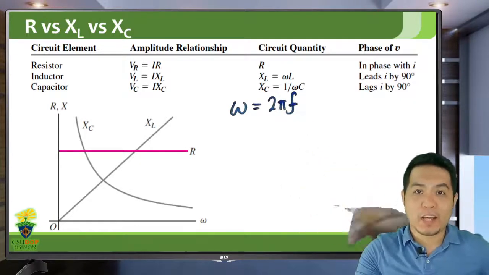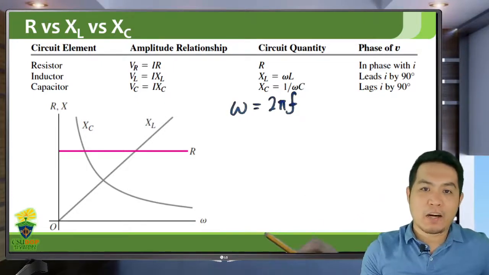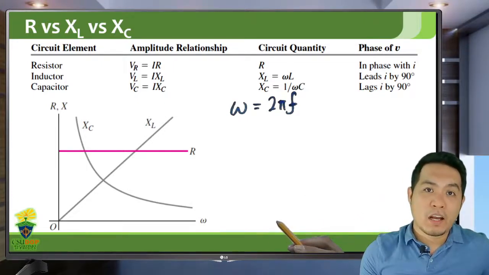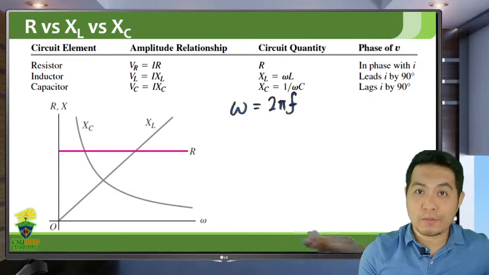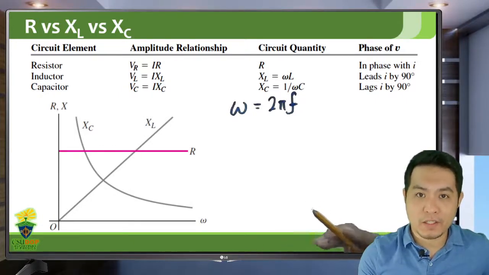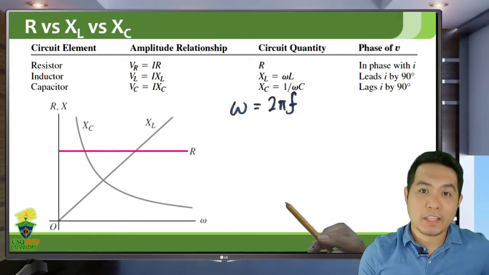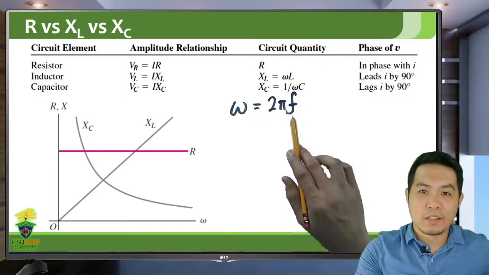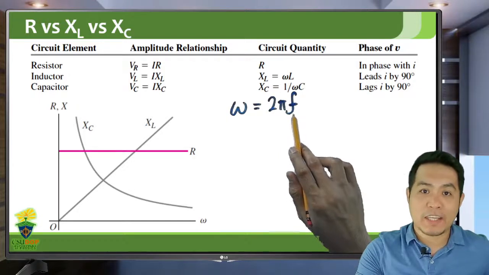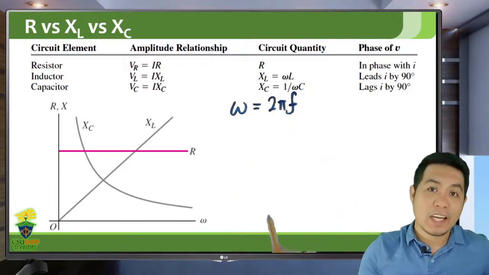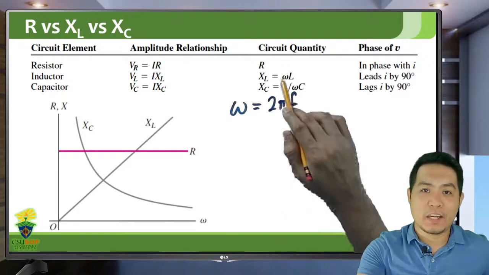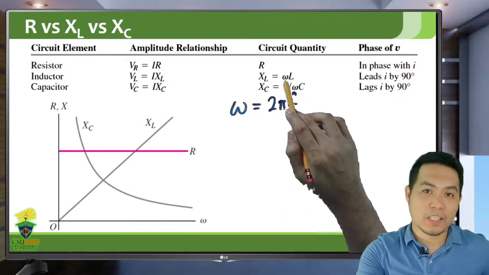So actually, for example, in our alternating voltage line in the Philippines, it's 220 volts VRMS, and it's alternating at a frequency of 60 hertz. So that 60 hertz is given by this F. So if you multiply that with 2 pi, you get the angular frequency. The angular frequency, that is what we see here.